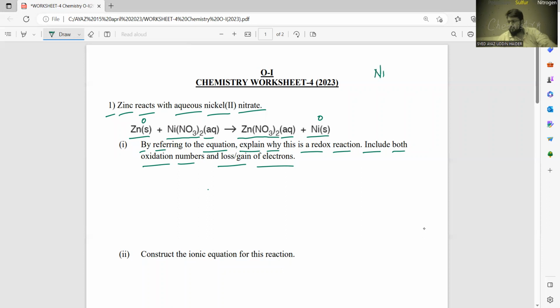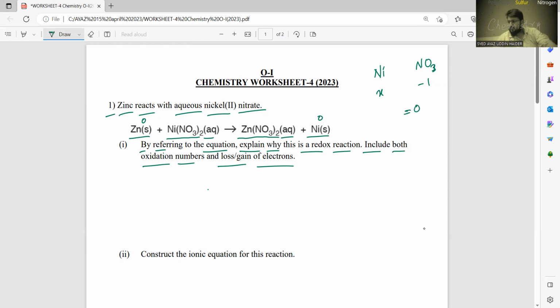We have Ni, we have NO3. We know the charge on NO3, it's -1. Now I want to calculate the charge on nickel. I will write X. The overall charge is 0. So I will write 0.